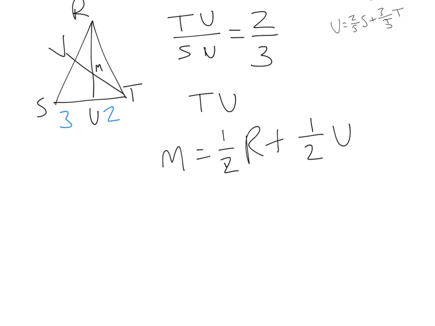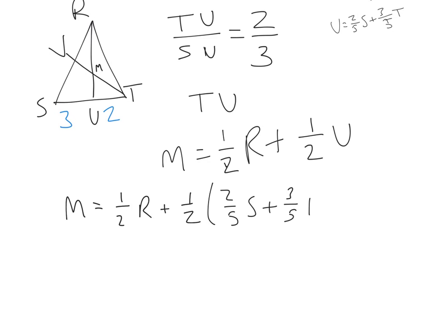All right. And then via substitution, we can do 1/2 of R plus 1/2, and then we can go back up here and grab that part, right? So now we've got the substitution 2/5 of S and 3/5 of T.